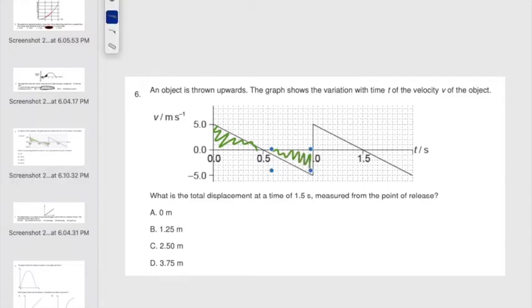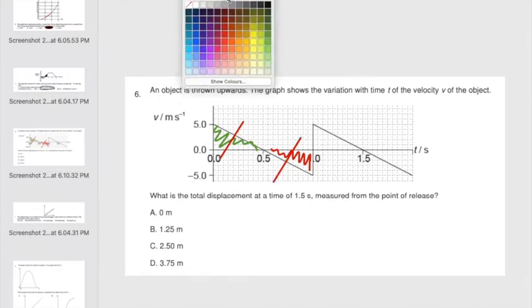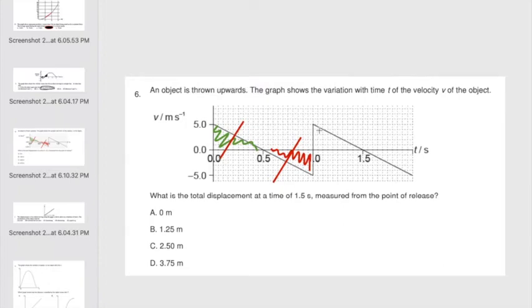Now, something that's important to note is that these are going to end up canceling each other out. We have forward displacement and backwards displacement, and they're both the same magnitude. And so the answer we're looking for is going to end up being represented by this region of space right here.